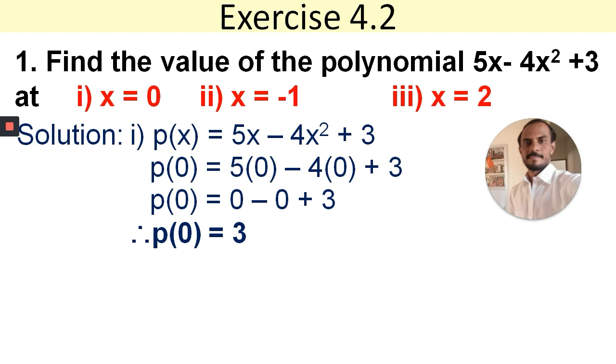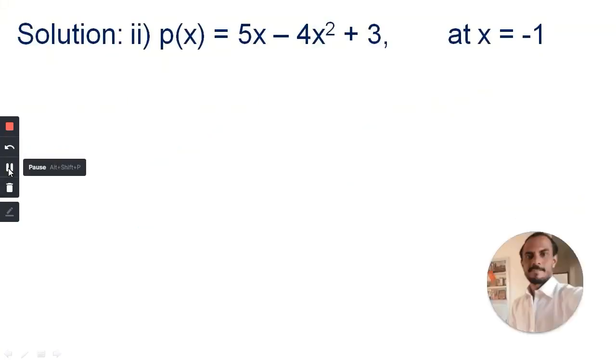See students, the second one: the same polynomial p of x equals 5x minus 4x squared plus 3, at x equals minus 1. We have to see that at x equals minus 1. What is that?